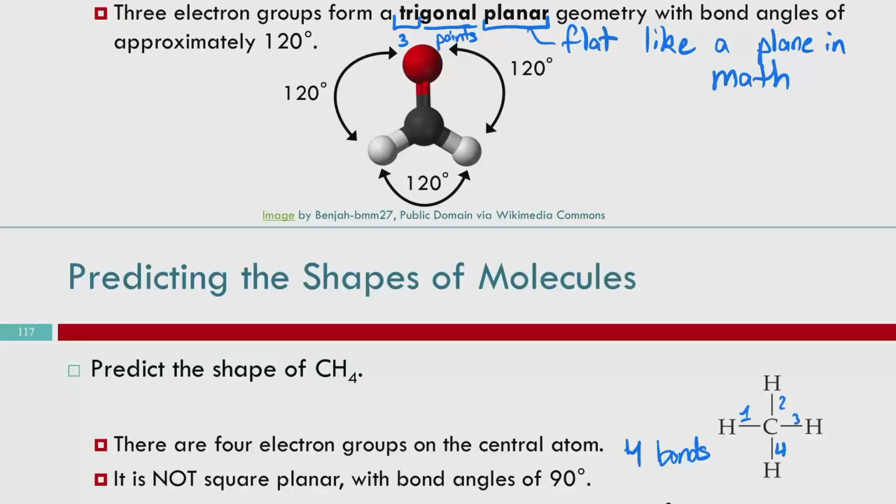4 bonds, 4 groups. The furthest that 4 things can get away from each other, you might think that it's square planar. They're 90 degrees from each other. You would be wrong because we live in a 3-dimensional world. So these can actually get further away from each other if we rotate 90 degrees with 2 of those groups.